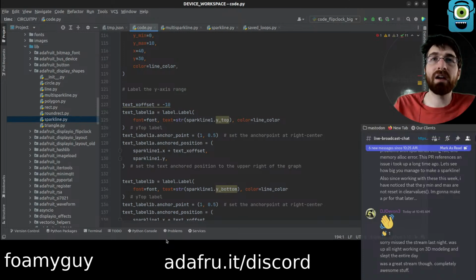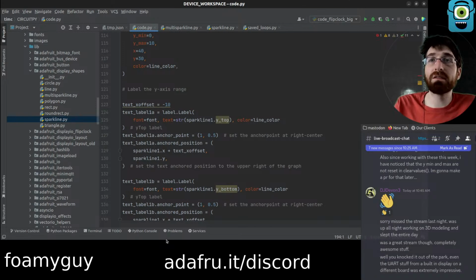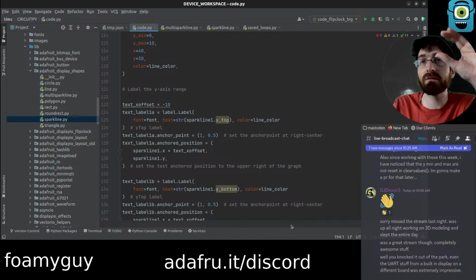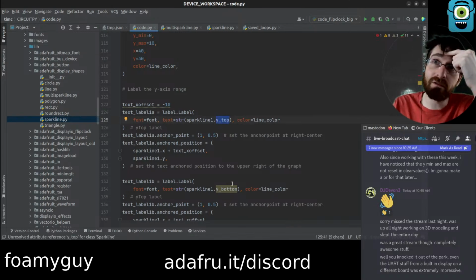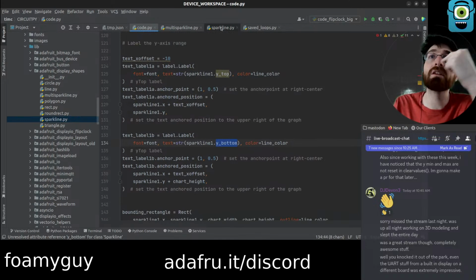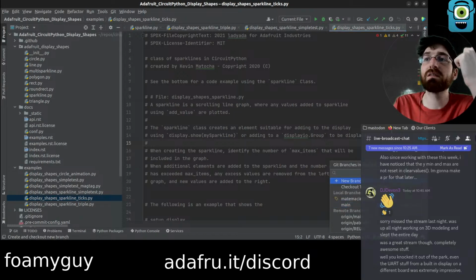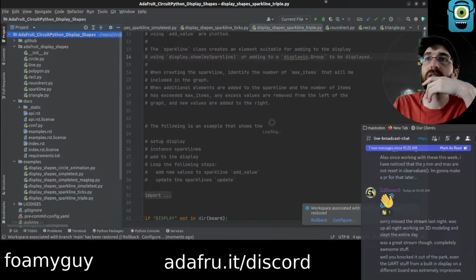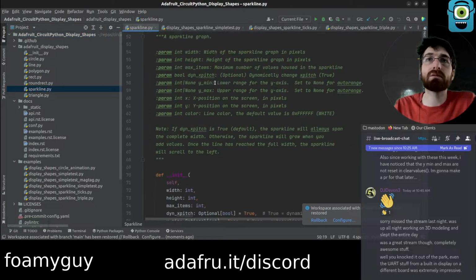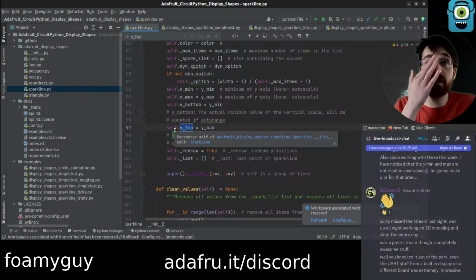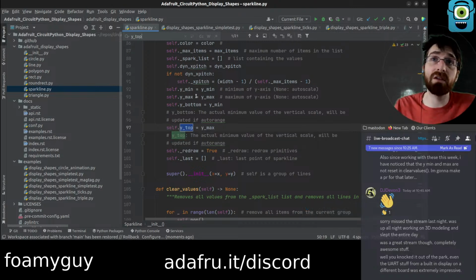I would assume that's the top and bottom of the entire graph in pixels. So the graph represents a rectangle. I would assume that's the top pixel of the rectangle and that's the bottom pixel of the rectangle. How it used to be, at least. Let's take a peek back at the current one. Y top. It was just setting Y top to Y max and Y bottom to Y min.